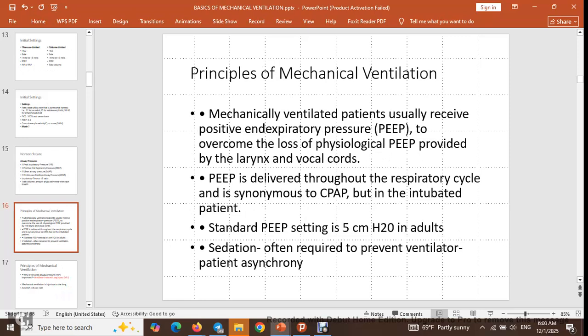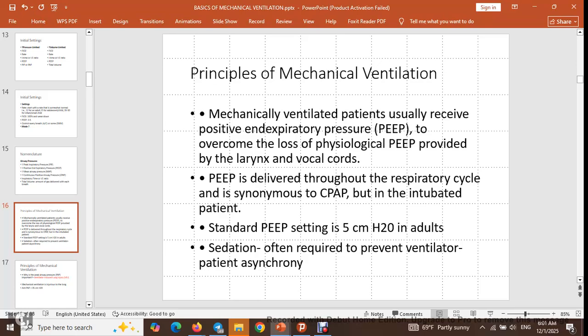Another most important thing is the principle of mechanical ventilation. Mechanically ventilated patients usually receive positive end expiratory pressure to overcome the loss of physiological PEEP provided by the larynx and vocal cords.